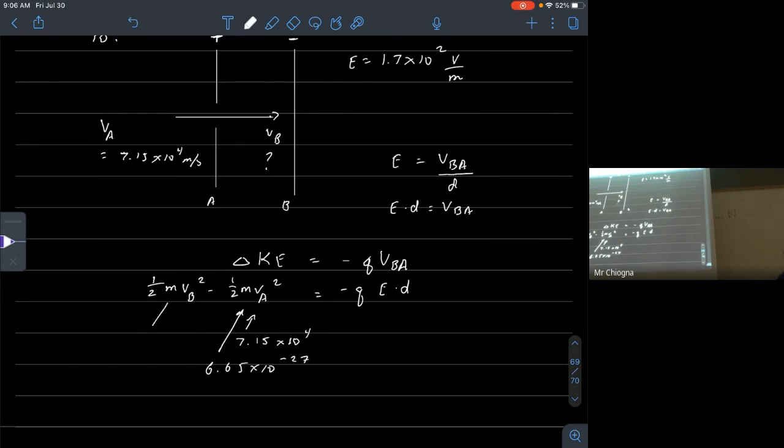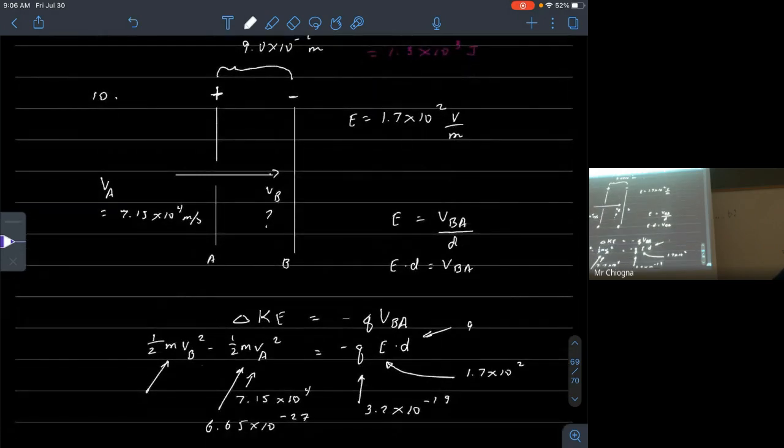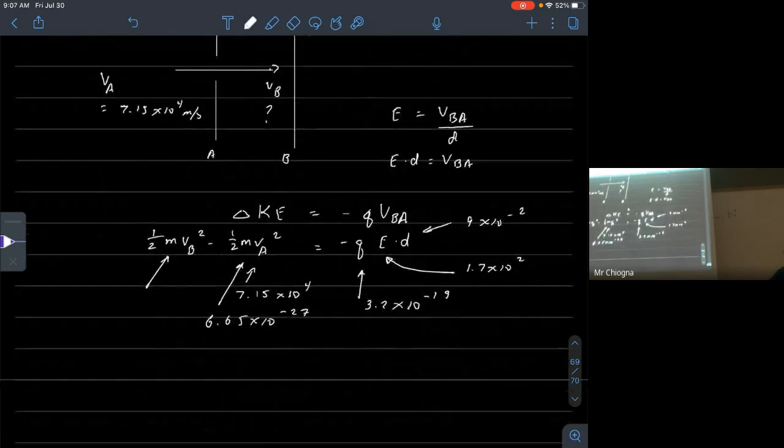Same mass here. Charge, it's an alpha particle, twice the charge on a proton. It's 2 protons, 3.2. Electric field, we're given 170. D, we're given 9 times 10 to the minus 2 meters. So we have everything we need.